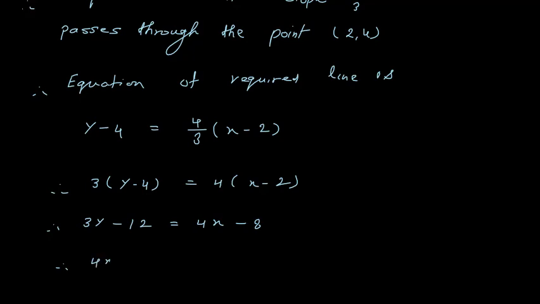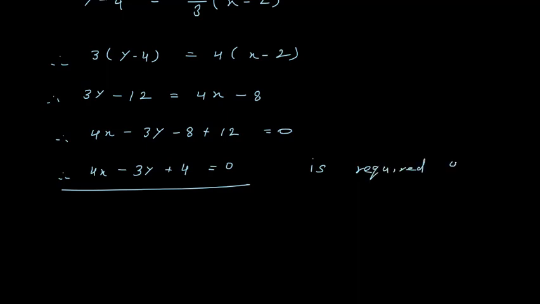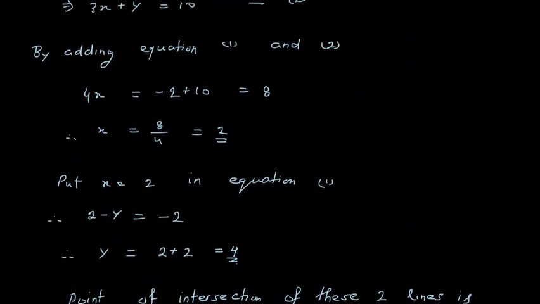So therefore it is 4x minus 3y minus 8 plus 12 is equal to 0. So this will give me the equation 4x minus 3y plus 4 is equal to 0. This is my required equation of line. Okay.